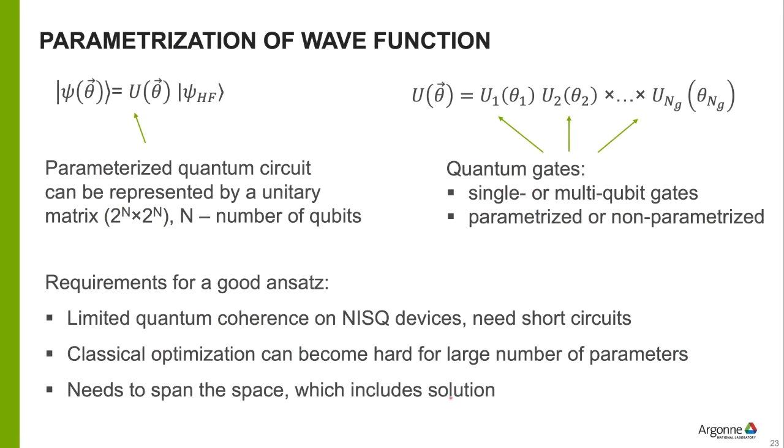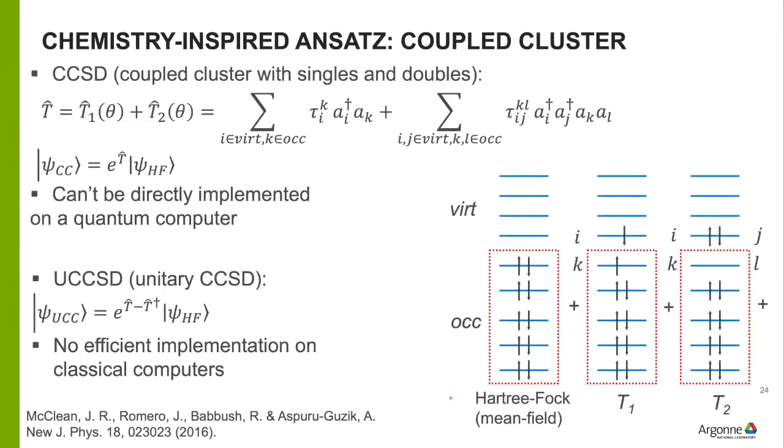And so one of the first introduced ways to parameterize this wave function is the unitary coupled cluster method, which is a unitary version of the classical coupled cluster method. It essentially has these excitation operators.